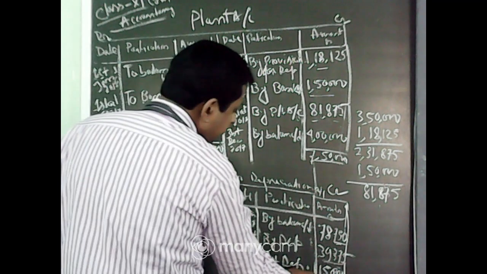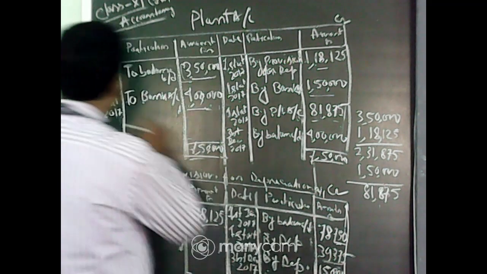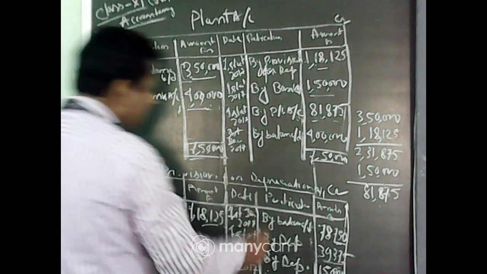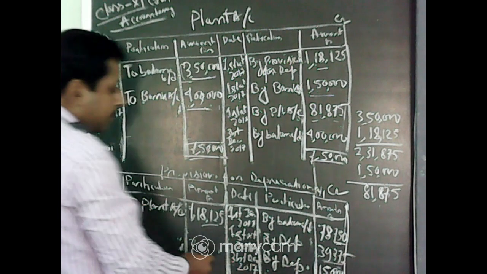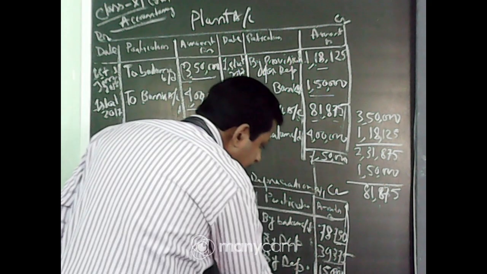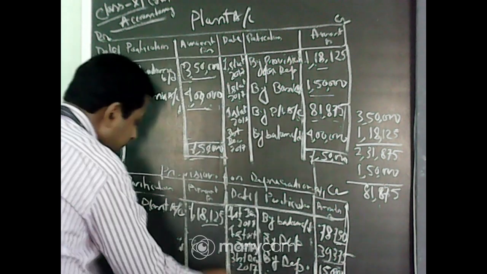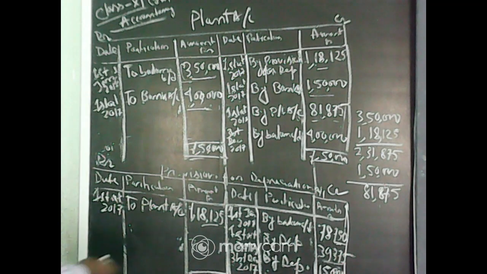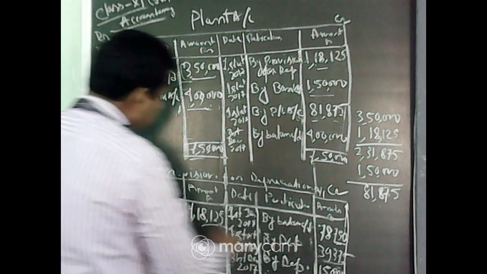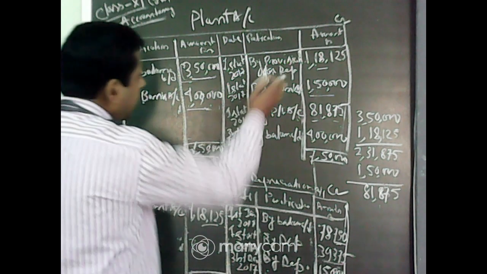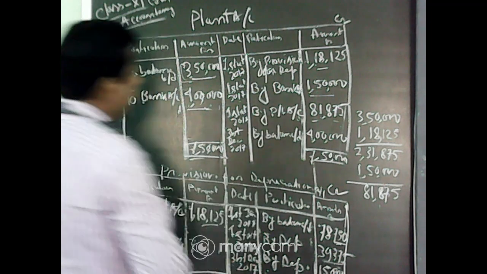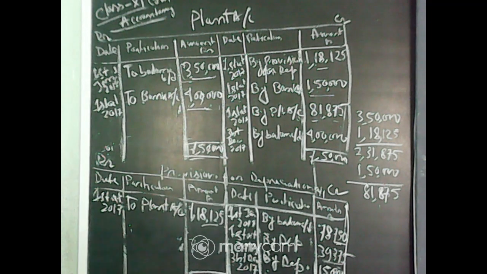There is 3 months' depreciation that will happen, because it was purchased on 1st October 2017, and the year is ending on 31st December 2017. So we have to close it again. Only 15,000 value will be transferred, because the rest of the depreciation amount has already been transferred to the plant account, because this machine is sold, actually sold on 1st October 2017.